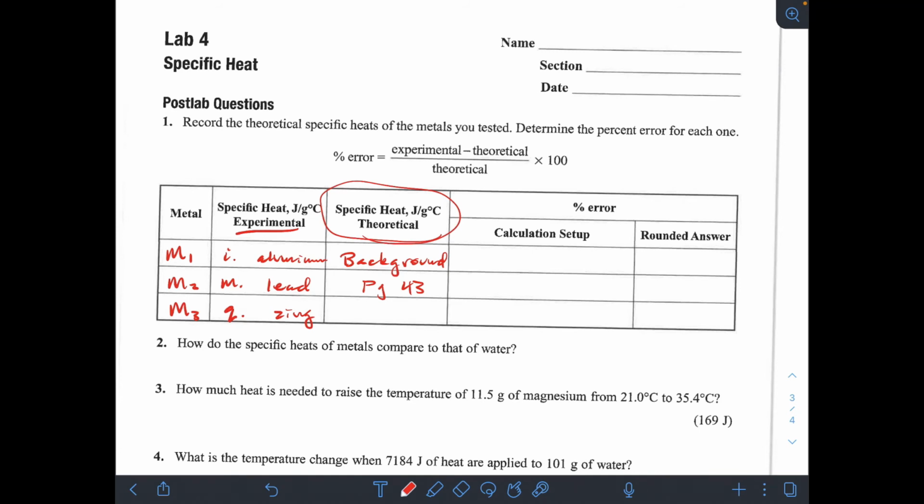Okay, so you're looking for those theoretical values from the table on page 43. Then you're going to plug those values into the percent error calculation here. Okay, so you're going to see how different the experimental values are from the theoretical, and you're going to get a percent error.